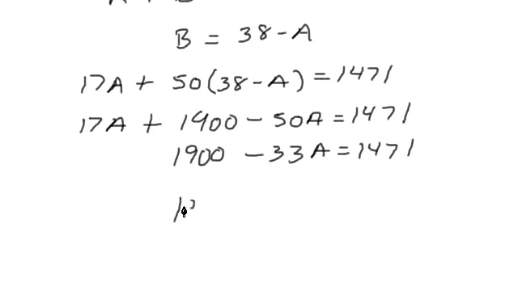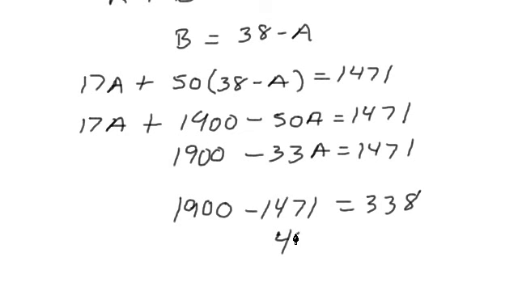Solving for A, I'm going to take this 1471 over to the left, so we have 1900 minus 1471, and that gives us 429 is 33A.